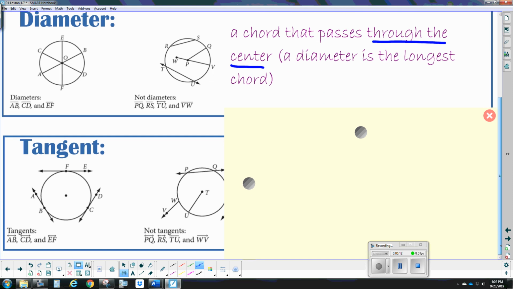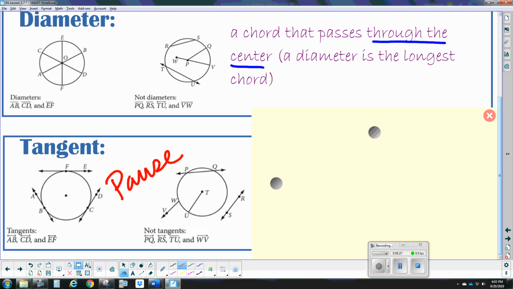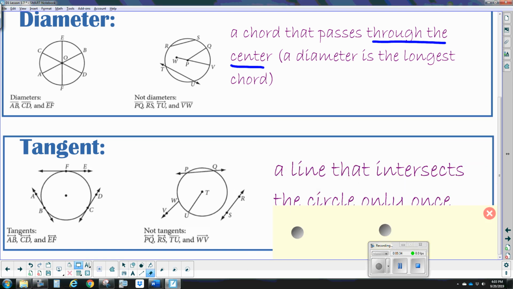Okay, now take a minute, look at these tangents and not tangents, and see if you can come up with the definition. You can pause the video while you work and unpause for the solution. The definition that we have for a tangent is a line that intersects the circle at exactly 1 point. So notice all of the tangents, those lines do not go through the circle.